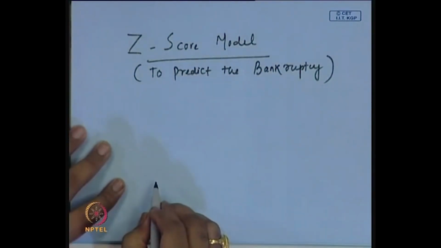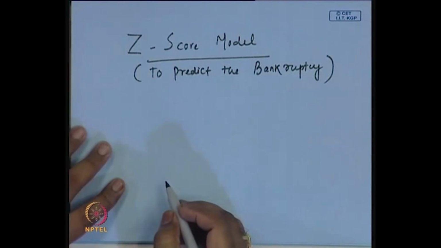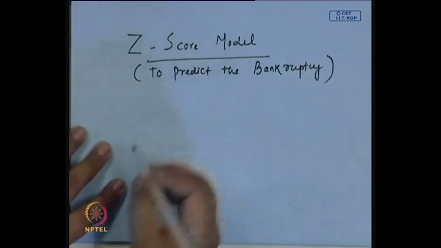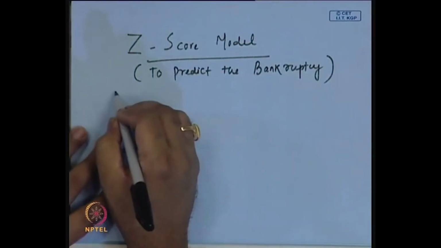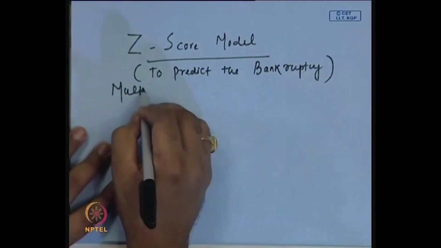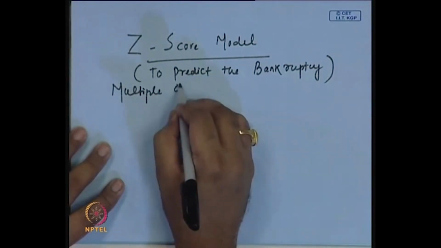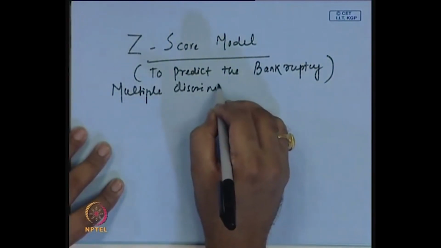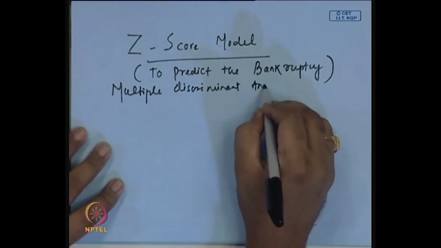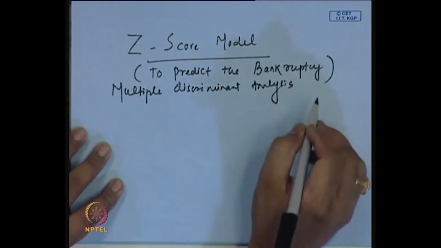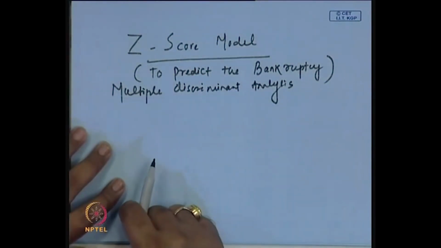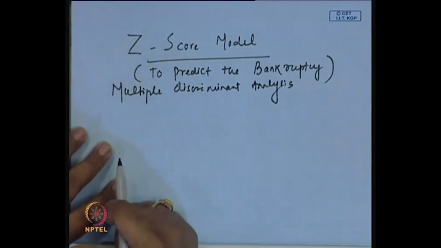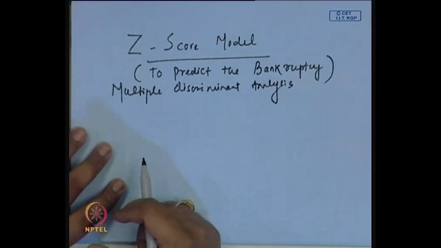The model combines traditional financial measures with a multivariate technique, what we call multiple discriminant analysis, to derive a set of weights for the specified variables, and the result is an overall credit score for each firm.